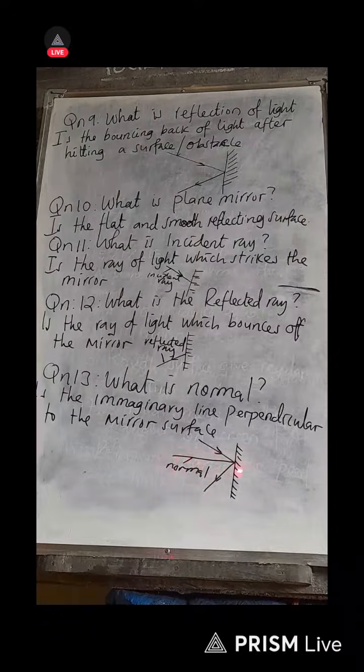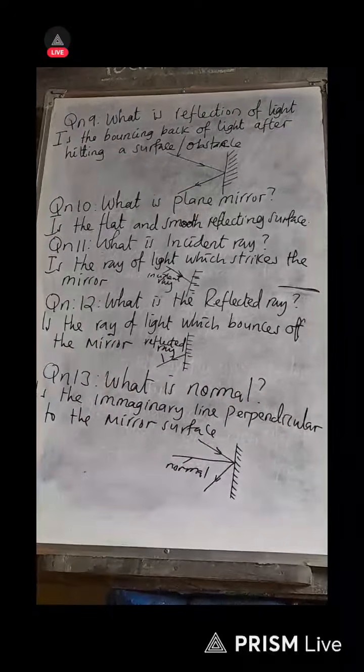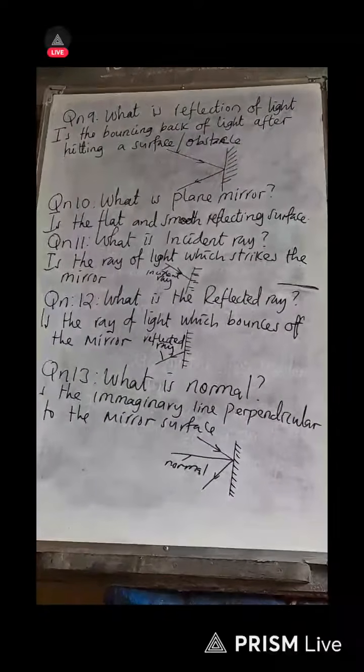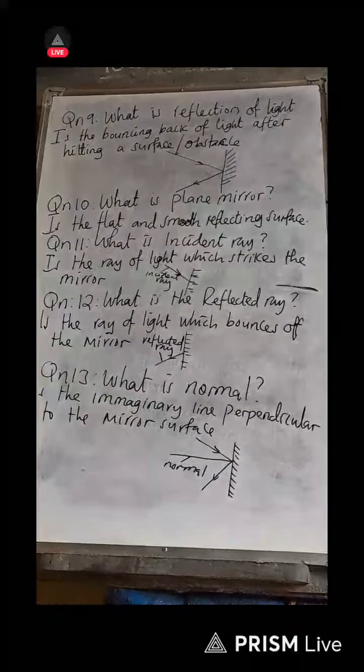Then here we have a normal. Normal is always perpendicular to the mirror surface. So that is how we can answer these important questions. Let's keep this momentum, continuing answering important questions about the plane mirror.